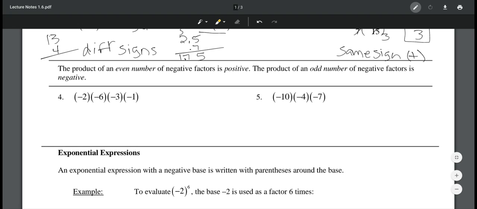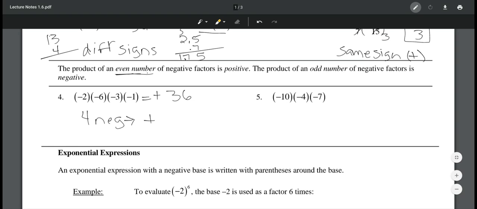What they mean by that, if you notice, I have 1, 2, 3, 4 negative numbers. 4 is an even number of negatives, so the outcome is always going to be positive. And then we focus on multiplying 2 times 6 times 3. That gives me positive 36. Now we have 4 negatives, and that produces a positive outcome.